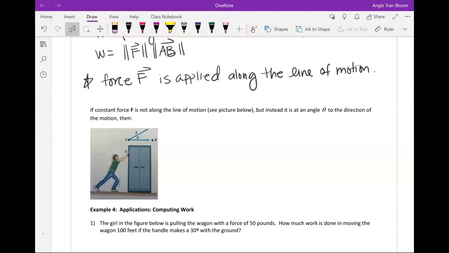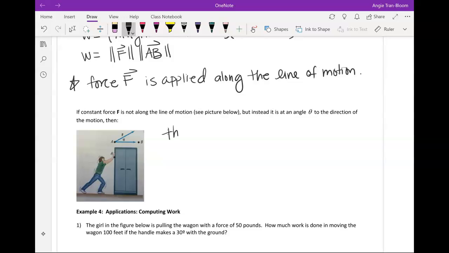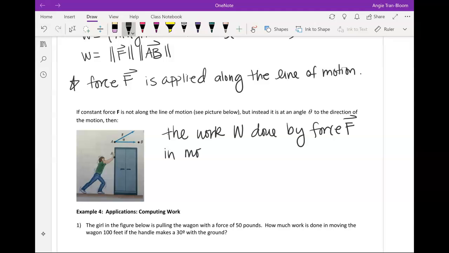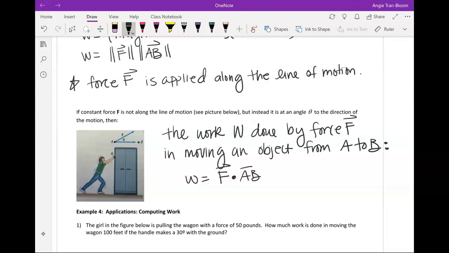So if the constant force is not along the line of motion, but instead it is at an angle, let's call it theta, to the direction of motion, then the work W done by force F in moving an object from A to B is work equals the dot product of force and line AB.